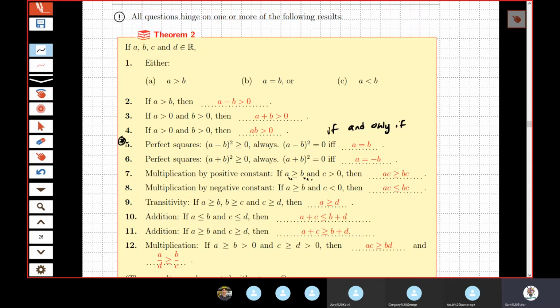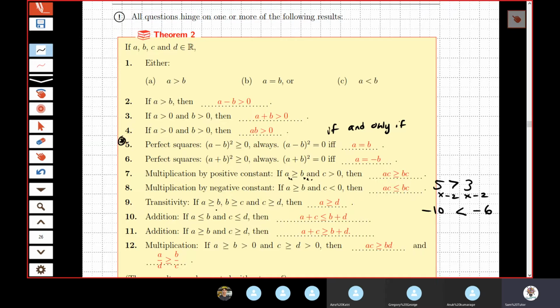If I multiply by a negative constant, so if A is bigger than or equal to B and C is less than 0, then you would say that AC is smaller than or equal to BC. Okay, be careful there. Again, if 5 is bigger than 3, if I multiply both sides by negative 2, it actually becomes negative 10 is smaller than negative 6. So your inequality sign changes here.